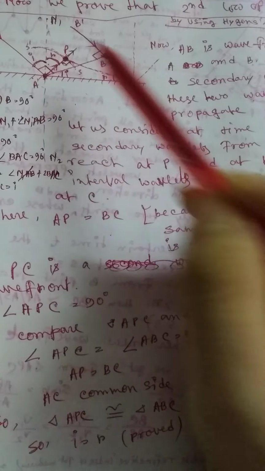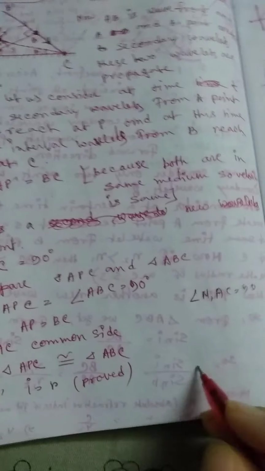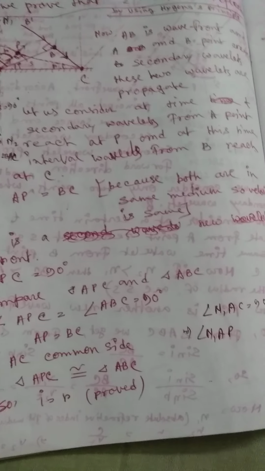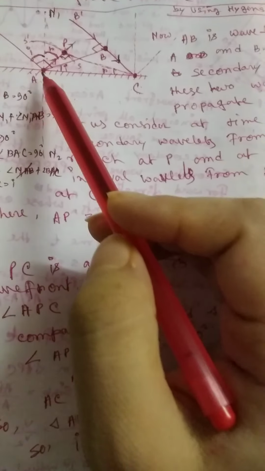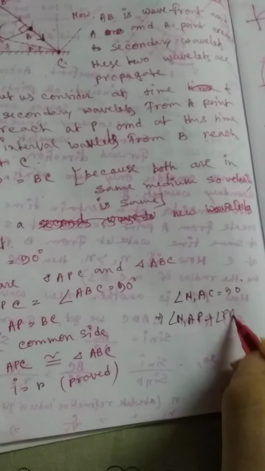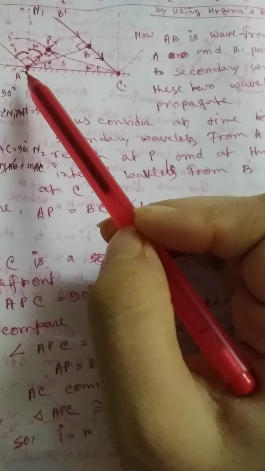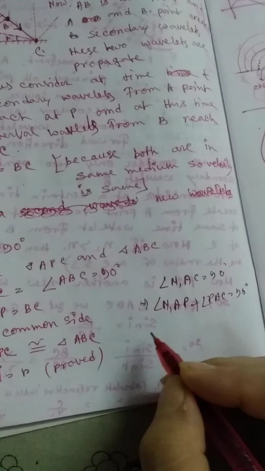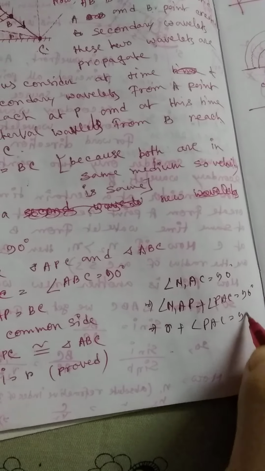We can also write N1AP plus PAC equals 90 degree, right? Now N1AP means R, so we can also write R plus PAC equals 90 degree.